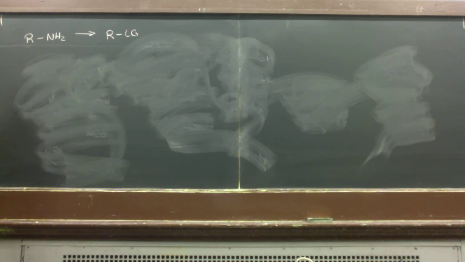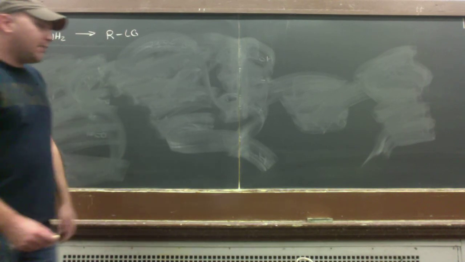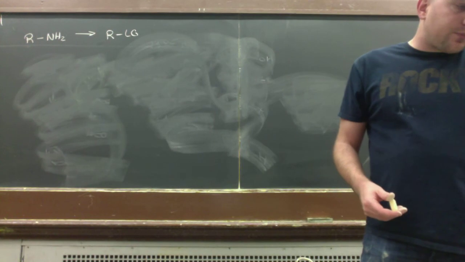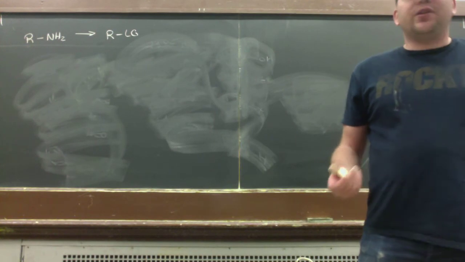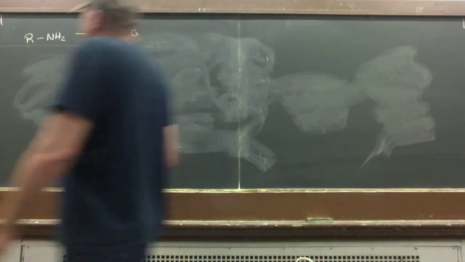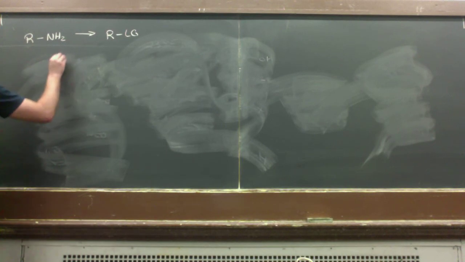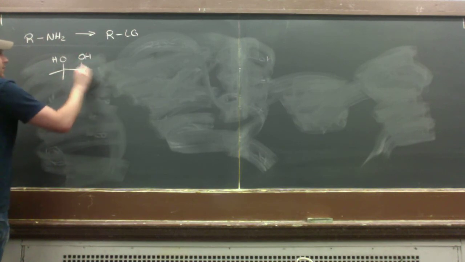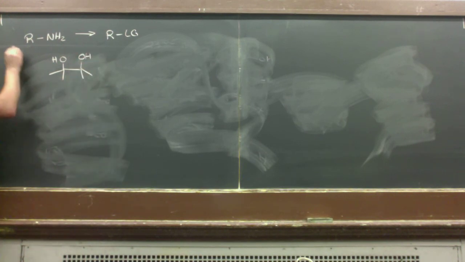The one other example along the lines of nitrogen leaving groups that I wanted to bring up is a reaction that's very analogous to pinacol rearrangements. So if you remember in a pinacol rearrangement, let's just refresh on the pinacol rearrangement.